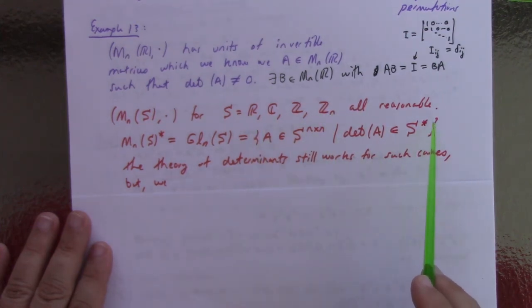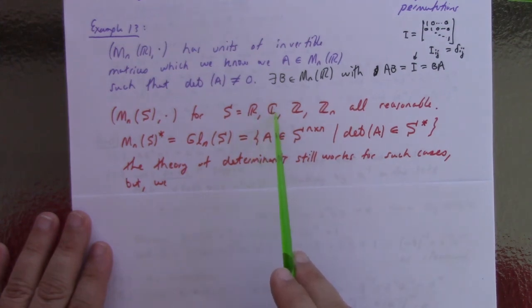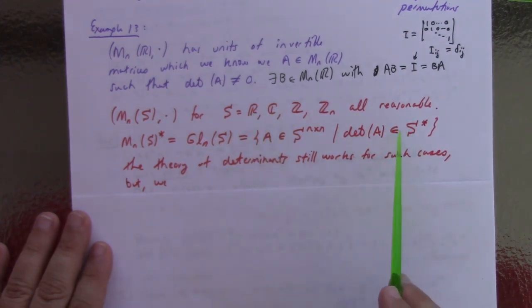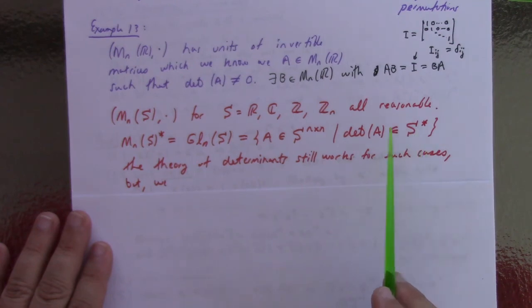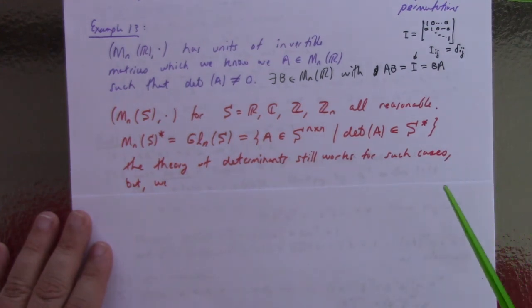To say that the determinant is a unit over R or C is simply to say that it's non-zero. To say that the determinant is a unit in Z means that the determinant of A is plus or minus 1. So if you have a matrix of integers and you want it to be invertible, the determinant needs to be plus or minus 1. And I say invertible in the universe of integer arithmetic: you're not allowed to take fractions.